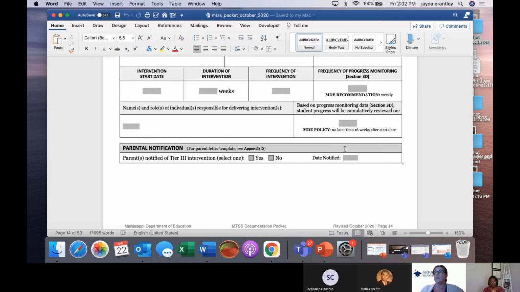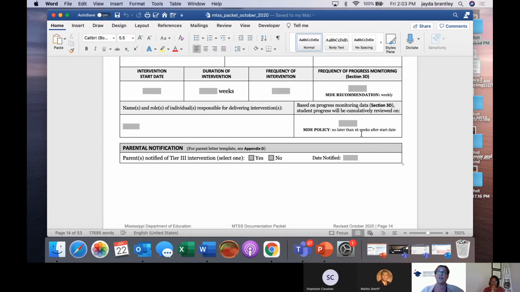Okay, so here you see that policy says that we progress monitor weekly for our tier 3 kids, so every week, but then we're going to have that cumulative review of our data. And again, that's like that cumulative review at tier 2. We may say, hey, this kid's going to continue tier 3, or we may say at 16 weeks, this child needs to be referred for a MET meeting.